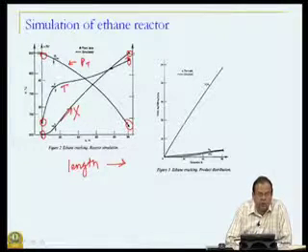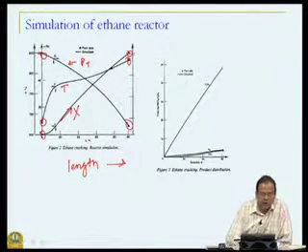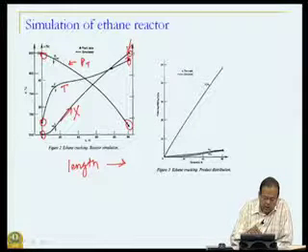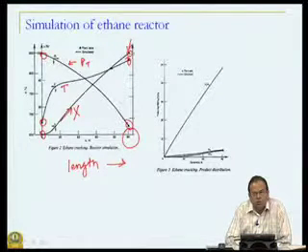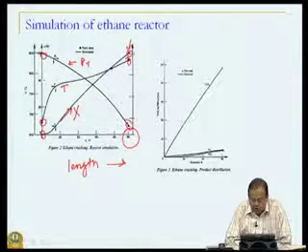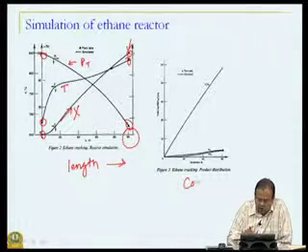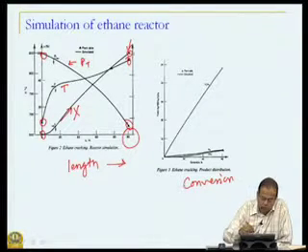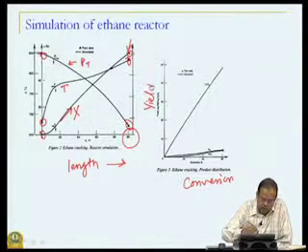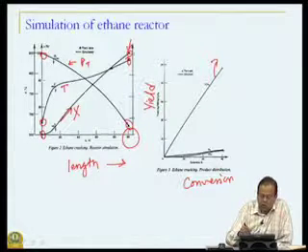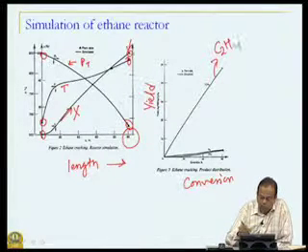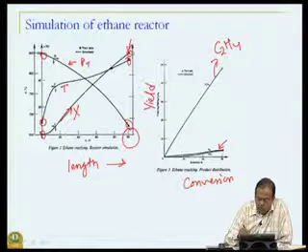So, for example, this tells me that if I want to conduct my reaction up to 60% conversion, I have to have a reactor which is about 95 meters long, and in fact that is the kind of reactor length that is used. On the side here is again a yield-conversion diagram for the industrial reactor. We have yield of ethylene over here and yield of methane and hydrogen.